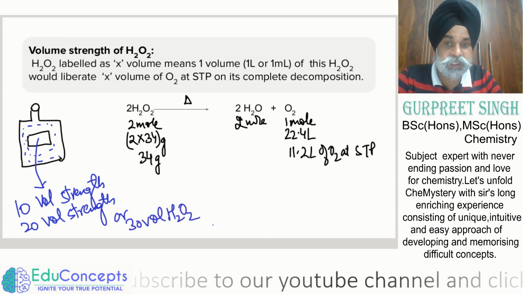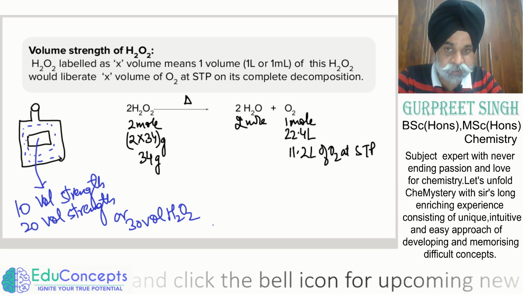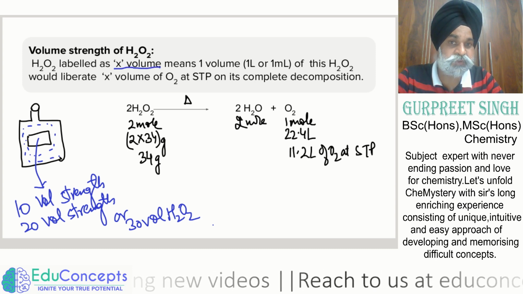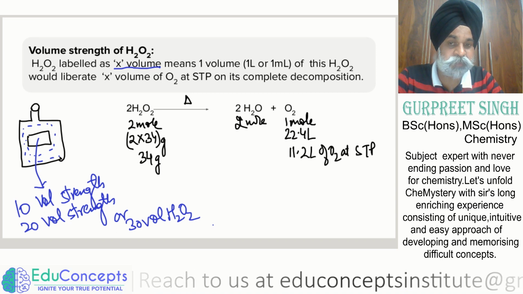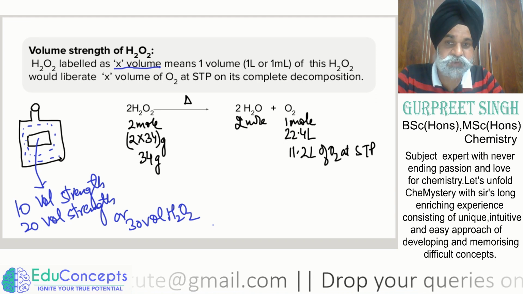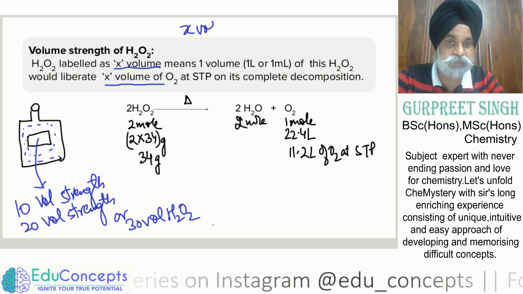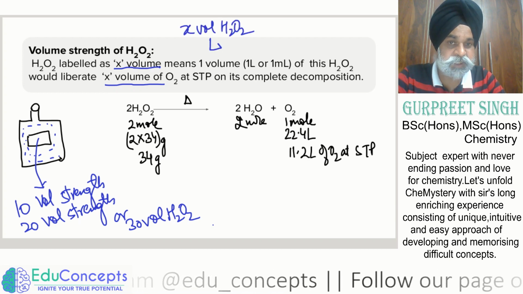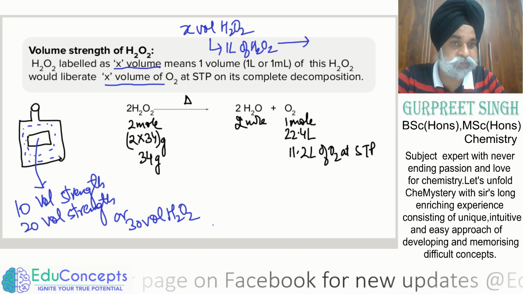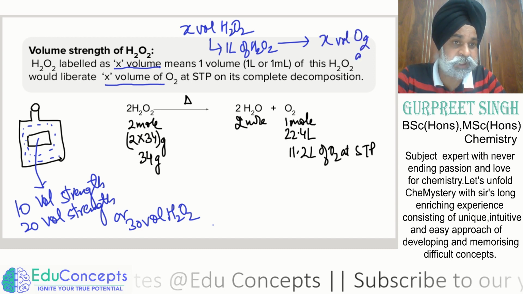So we need to understand what it means. x volume of H2O2 means that 1 liter of this H2O2 on thermal decomposition is going to give me x volume of oxygen at STP.